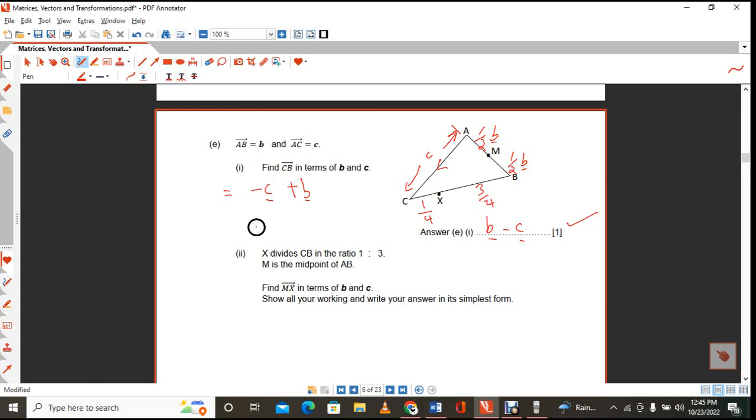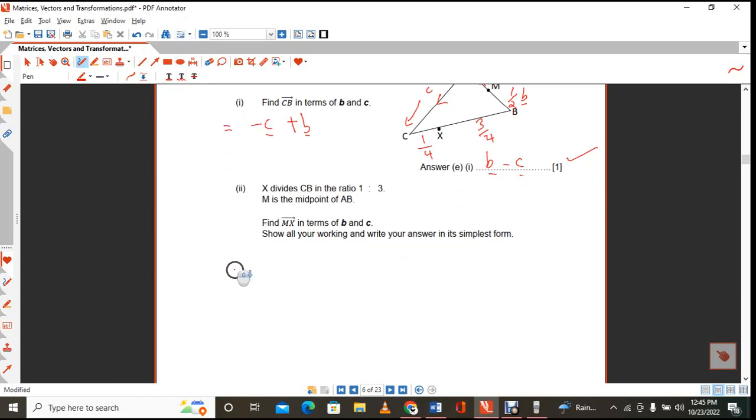Now they are saying we're supposed to find MX in terms of B and C. So I'm going to write down a few things. First of all, let's write down what is MB. MB we know is a half of B, okay, from our diagram. Something else, what is XB? X to B, can you see that?